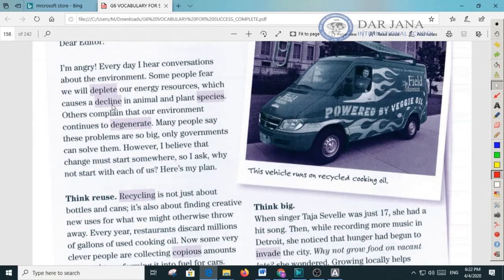Something is being reduced of different species, different organisms. And others complain that our environment continues to degenerate. So degenerate, we could say that it means to go down, to fall, because it's depletion, reduction, animals and particles are going down. They become less in existence.